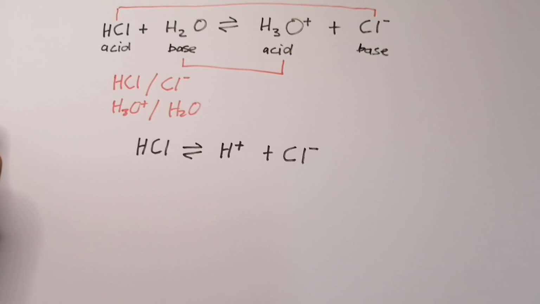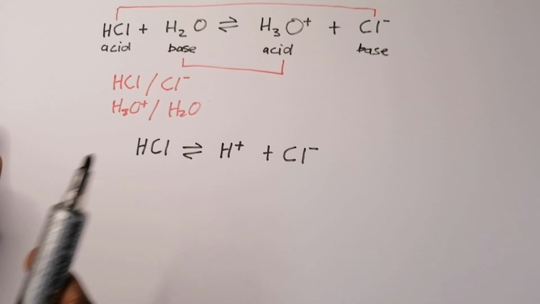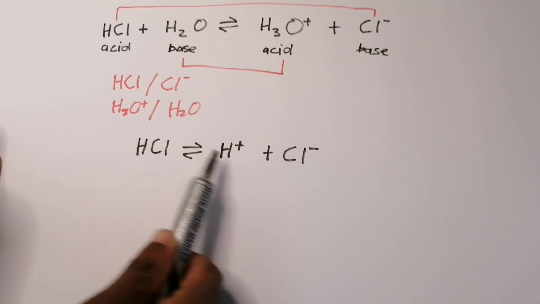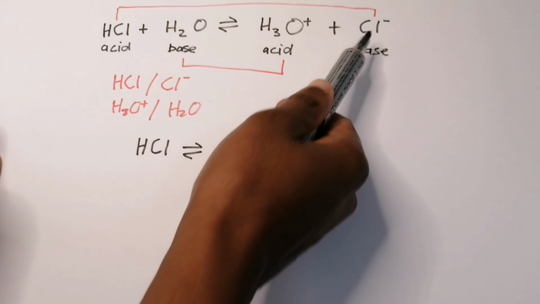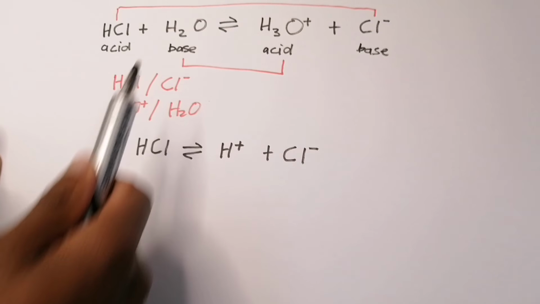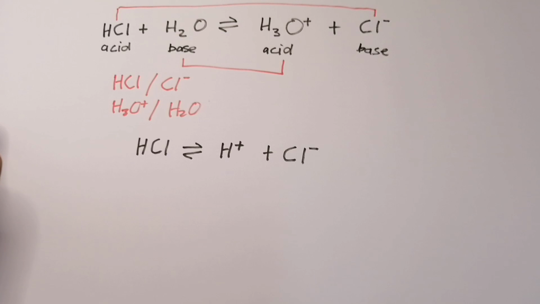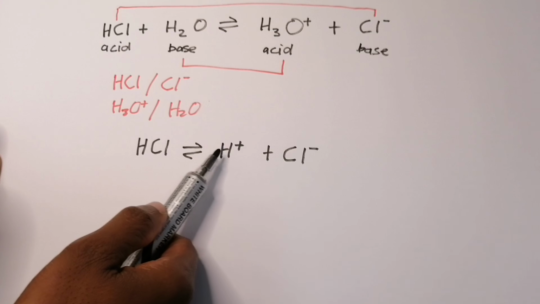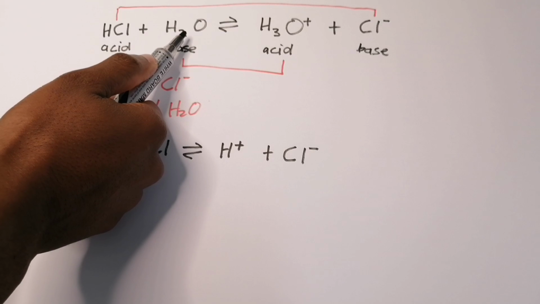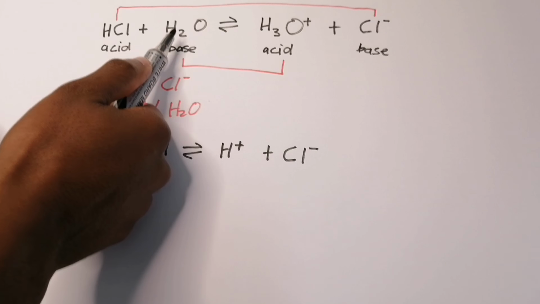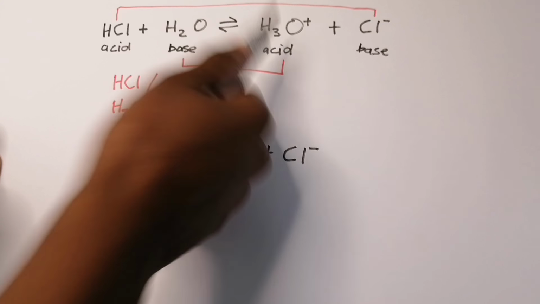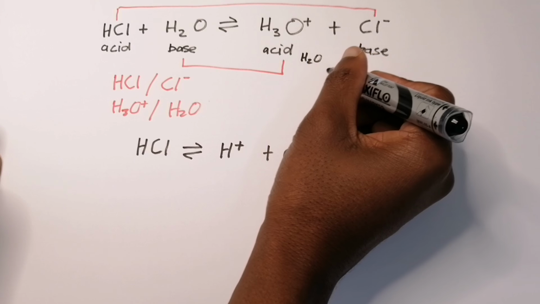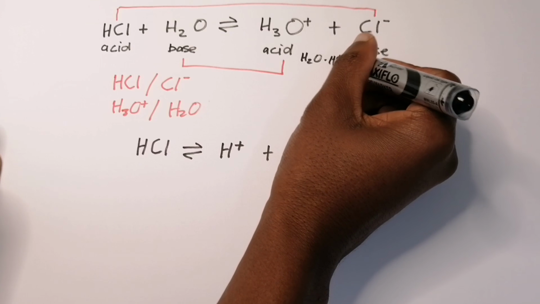Now, ladies and gents, I want you to please listen carefully. What this simply means is that when you look at this reaction here and this reaction over there, that's exactly the same thing. What's the difference? The only difference is that I've shown you that that H plus ion actually sits on the water molecule H2O and therefore becomes H3O plus. So in a sense, when you look at this one, it's actually H2O with an H plus.